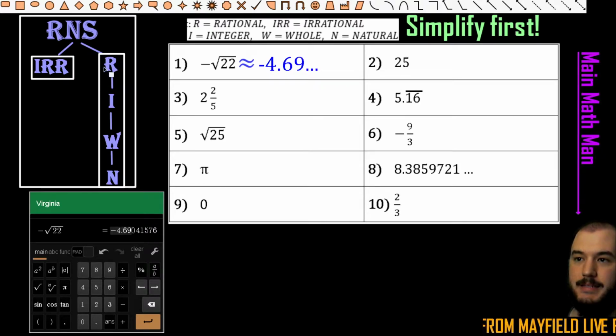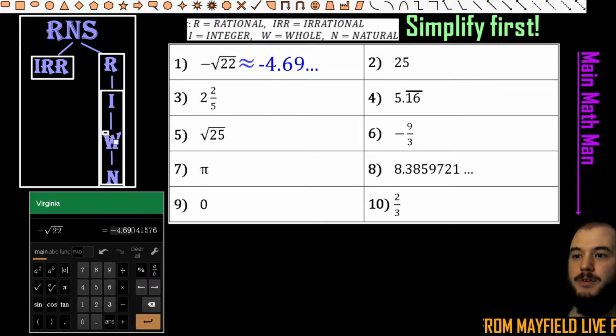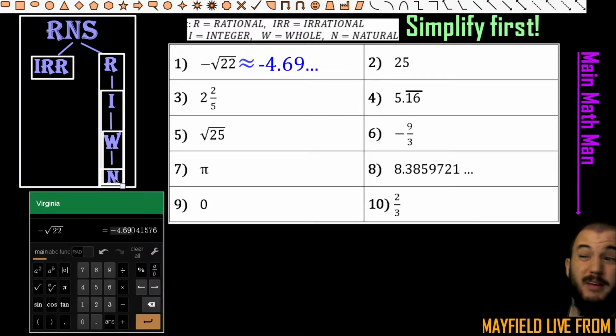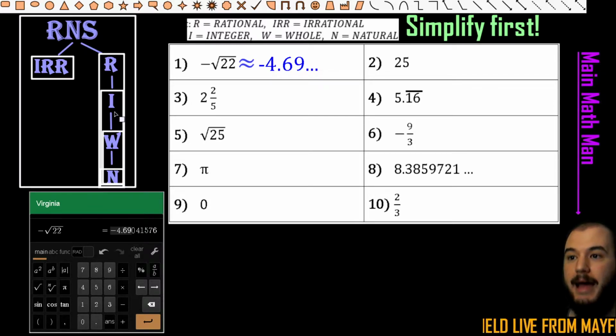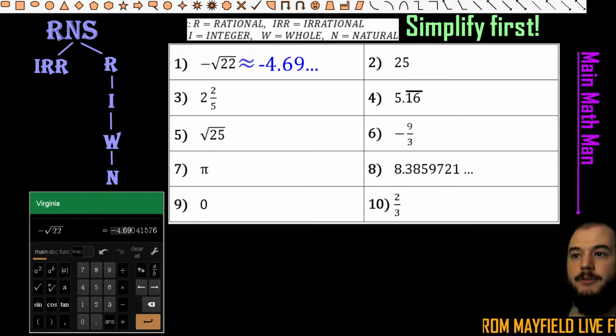So inside of those rationals, you have your integers, whole numbers, and your natural numbers. Inside of those integers, you have your whole numbers and natural, and inside of those whole numbers, you have your natural numbers. So make sure you're saying that if I'm saying it's a natural number, it would have to be all 4. So just make sure that you are very mindful of that.